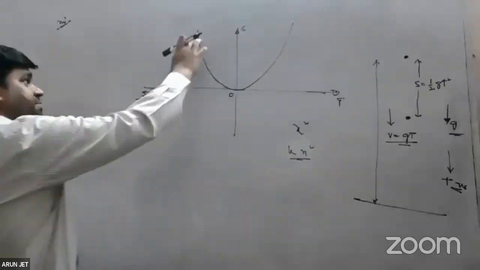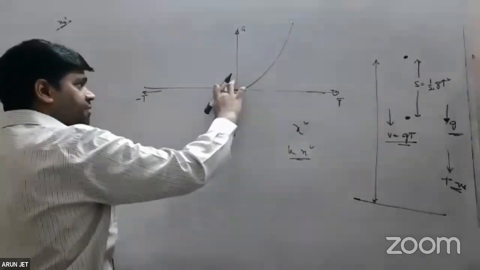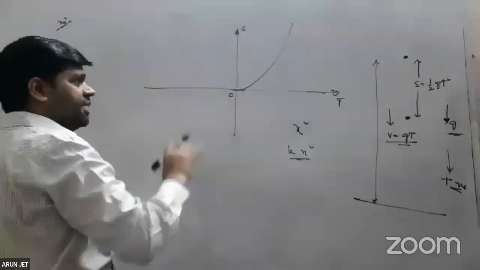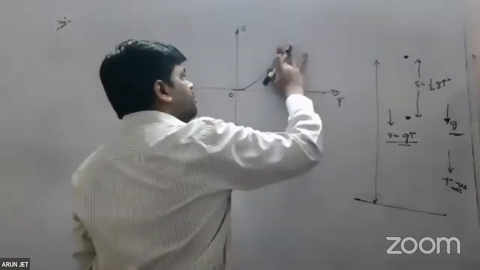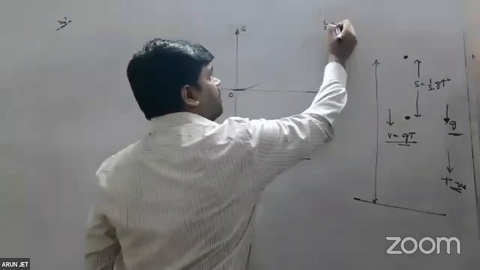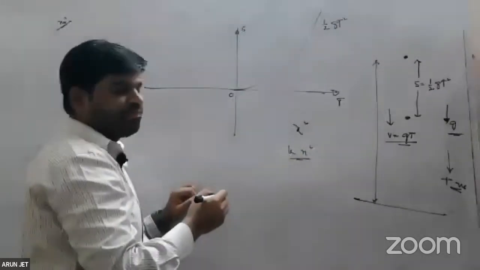But right now, let's erase this part. Negative time, let's erase it. We don't have to bother about this negative time. Let's talk about negative time later. Now I've got a function like this, which is half gt square.